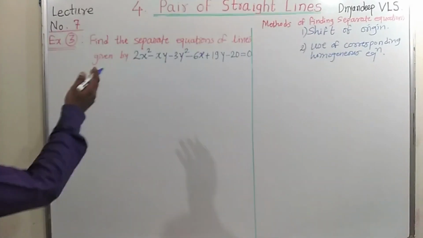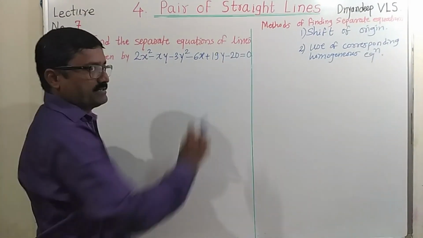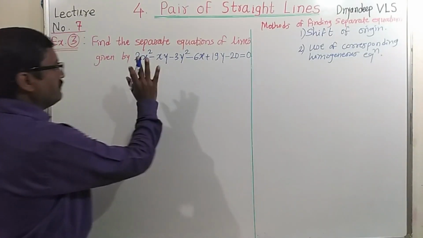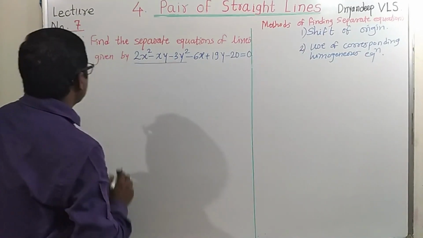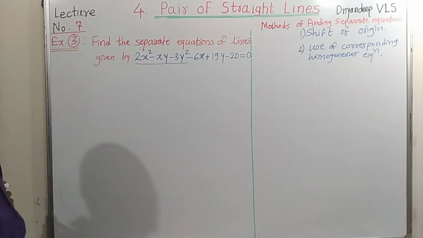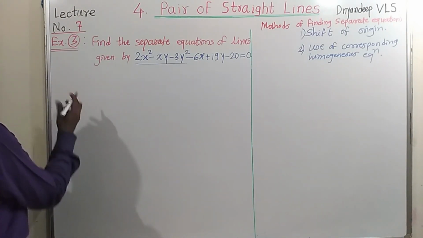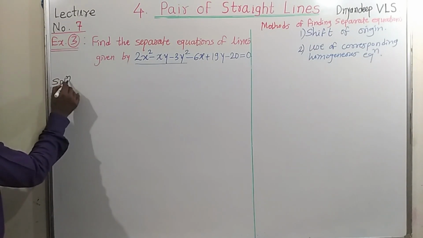Here this equation is obviously a general equation of second degree in x and y. We will use its corresponding homogeneous equation, meaning these three terms. Okay, let us see the proof of this, or solution.